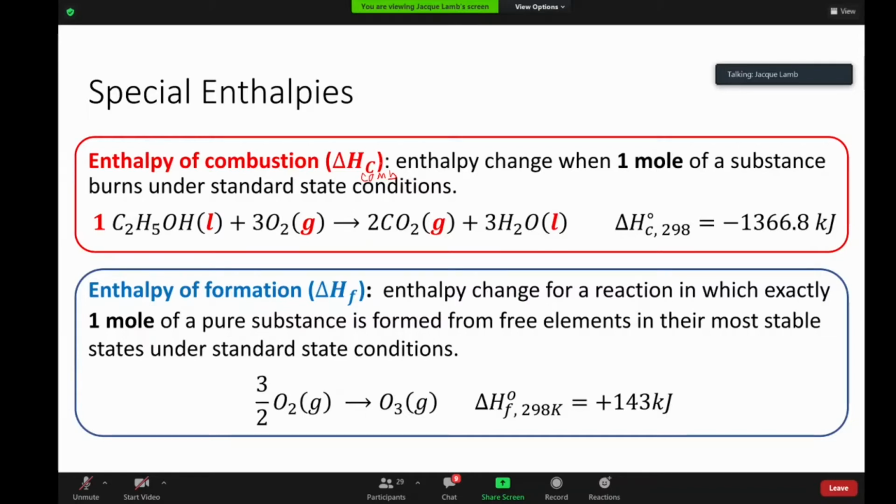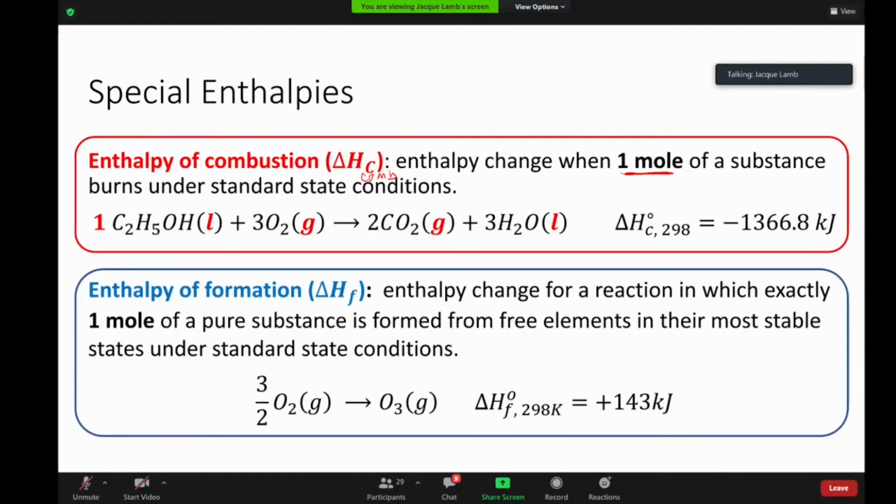The second type of special enthalpy is an enthalpy of formation. Oh, before I do enthalpy of formation, I should point out that the enthalpy change is when 1 mole of the substance burns under standard conditions. And I'm going to show you a table and point out that when you are limited to 1 mole of the substance, that will sometimes mean that you have fractional coefficients.